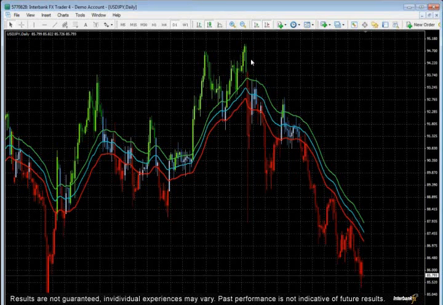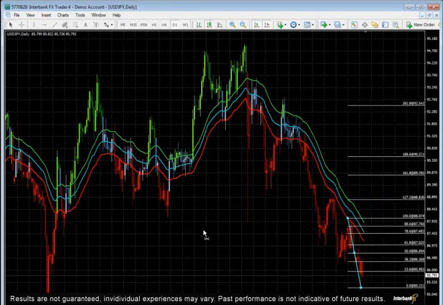So when you see a move like this, a lot of people will, I think, erroneously simply draw Fibonacci from here down to here, from this top to this bottom. Well, in between that, we've had lots of little moves, haven't we? That I think all could have been Fibonacci retracements on their own. So if I'm going to draw a Fibo in this daily chart of the dollar yen, that's pretty much the one I'm going to draw right there.